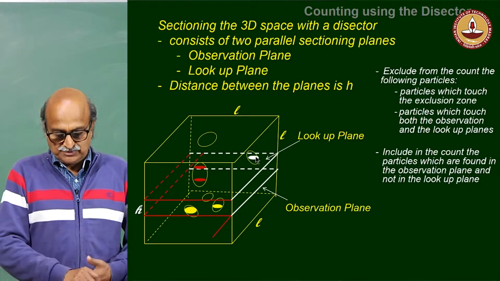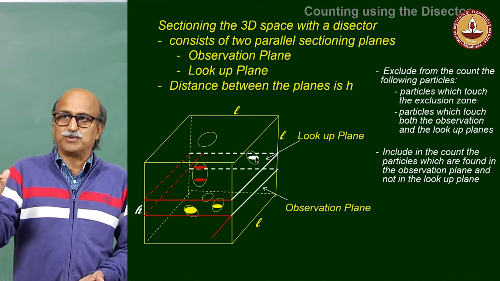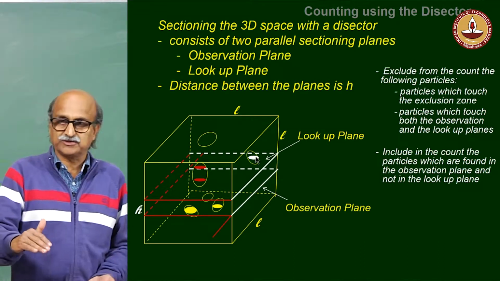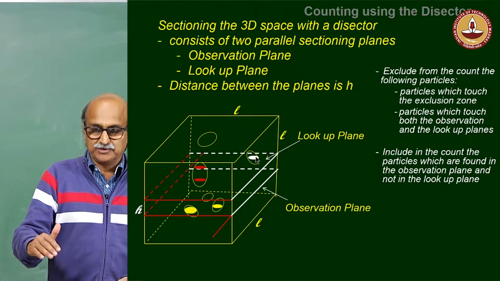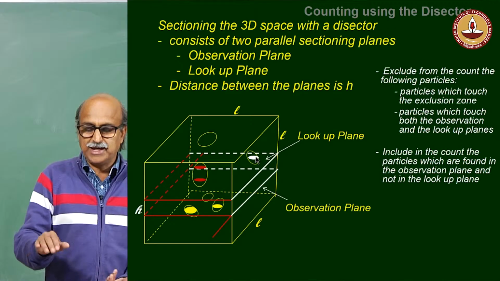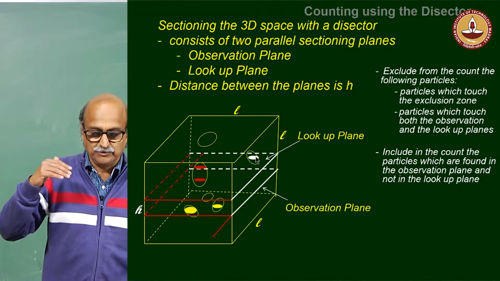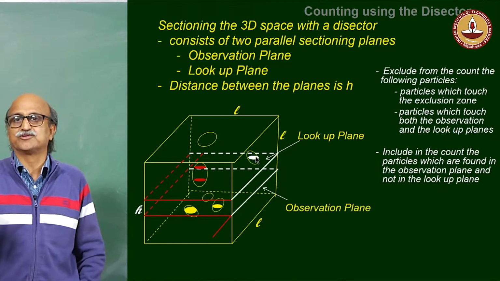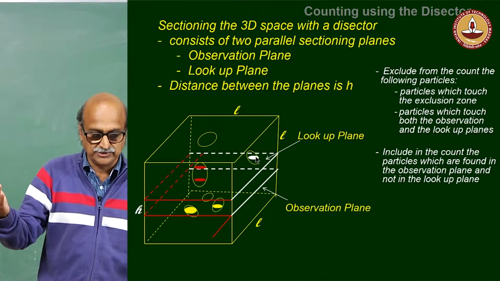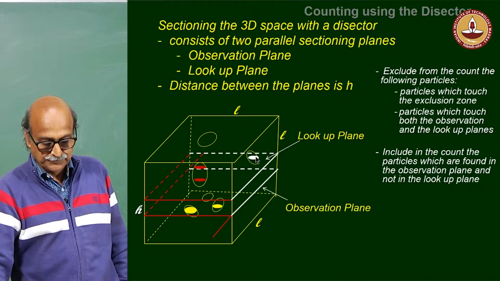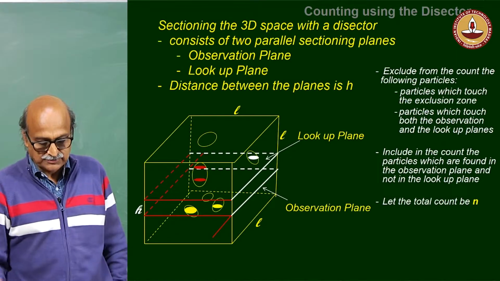Once we get this count of only those particles which do not touch the exclusion zone in the observation plane and those particles which are only in the observation plane and do not show up in the lookup plane, let that count be n.